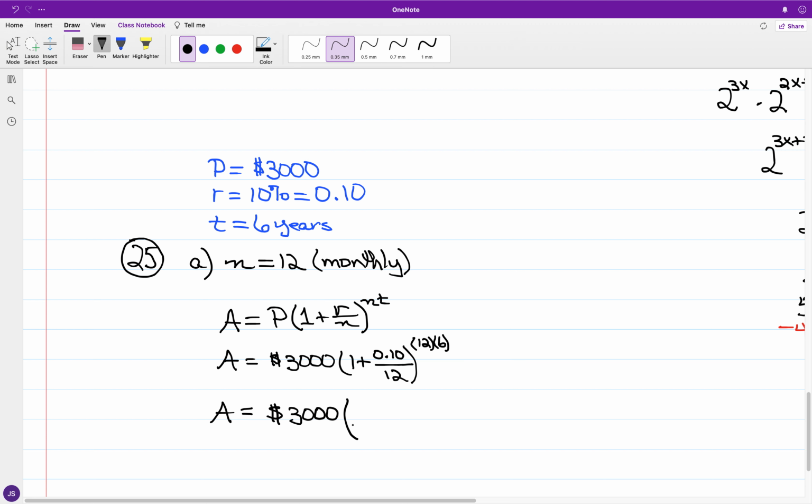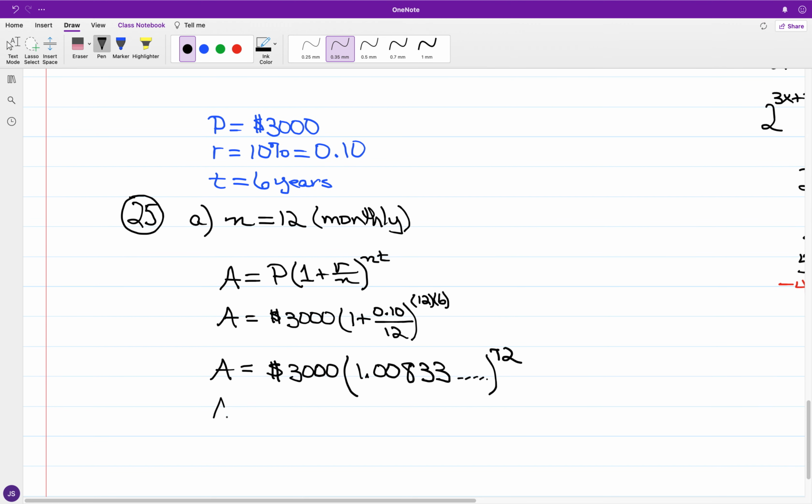And so here we have 1.008, where the 3's will repeat. If you keep that base and take it to the 72nd degree, times $3,000, that number to the 72nd power is a little bit over 1.8.